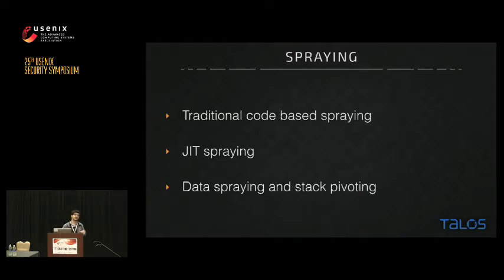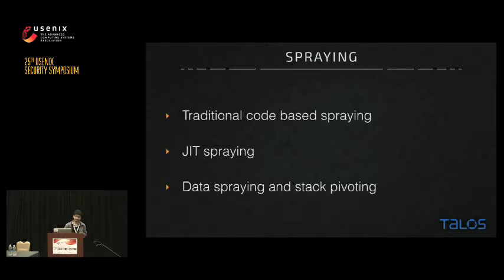When ASLR is in place, the attacker needs to guess or anyway know the address of its payload, okay? So in order to increase the probability of success of the attack, one of the possible ways is to fill the memory of the target application with hundreds of thousands of copies of the payload, that in this case is the shellcode, okay?